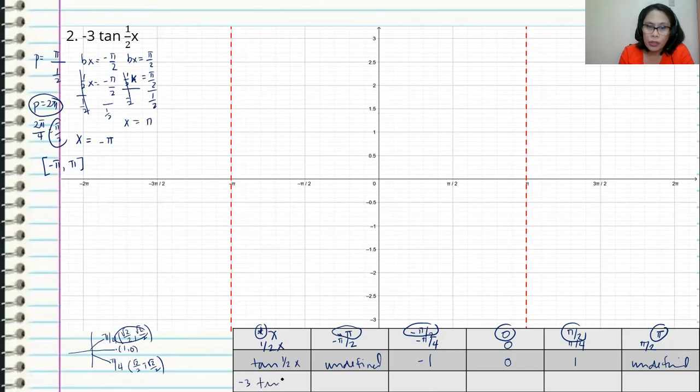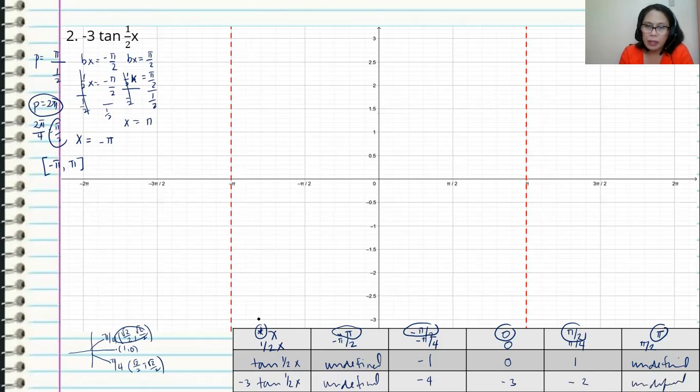So negative 3 tangent 1 half x is, so this will remain undefined. And negative 1 times negative 3 would be 3, and we have negative 3 here. We have negative 2, and then this will remain undefined.